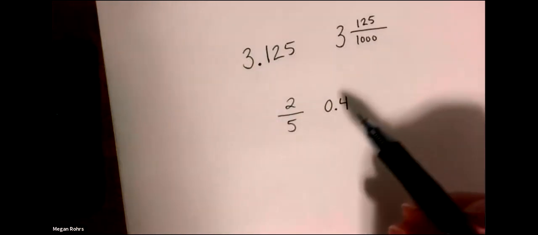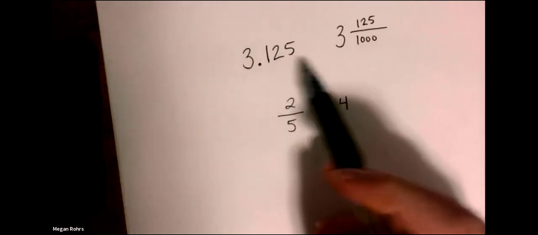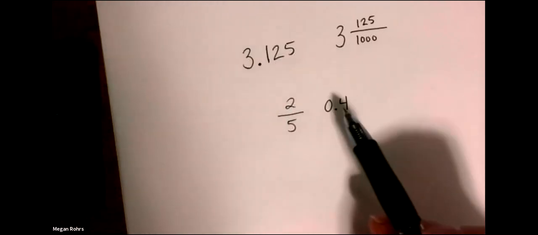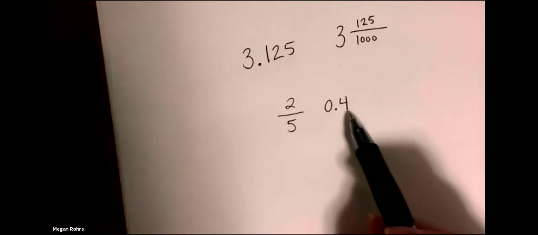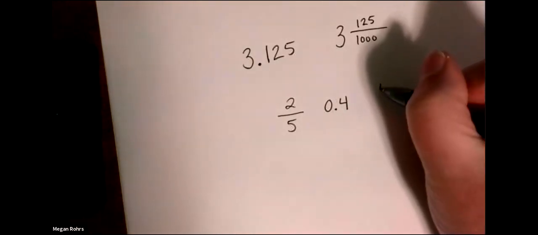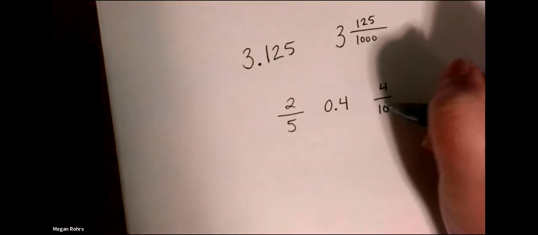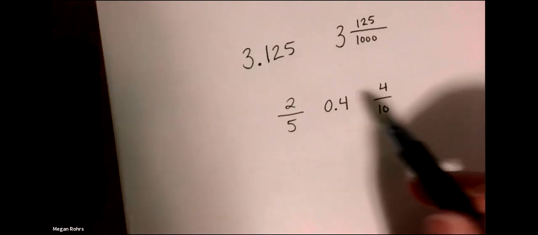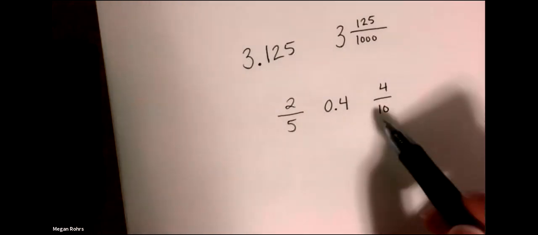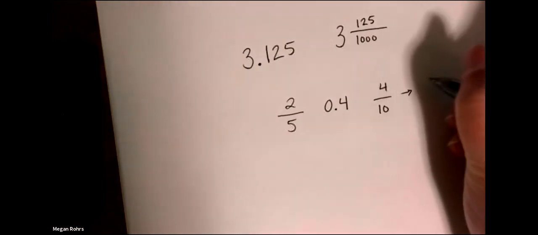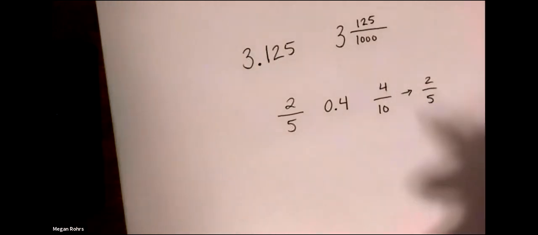Now, let's use that rule I just showed you here to go back from a decimal into a fraction. Well, we're looking at the tenths place here. So this would be written as 4 tenths. Now, once again, we can reduce. We can divide each of these by 2, which would then give us 2 fifths.